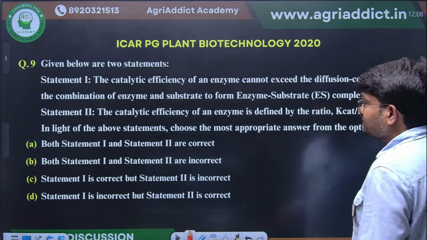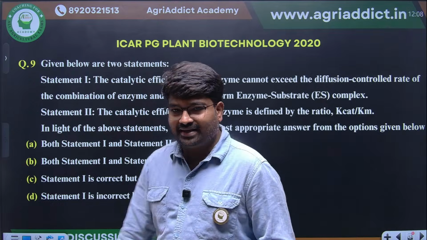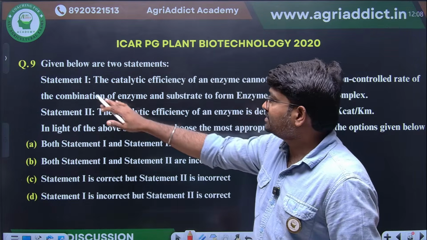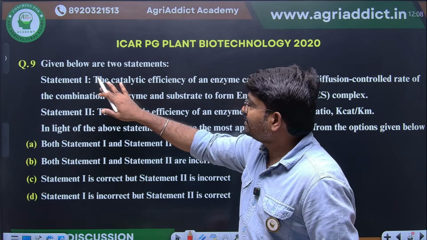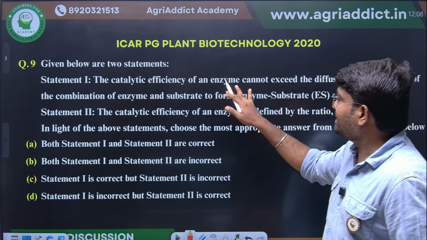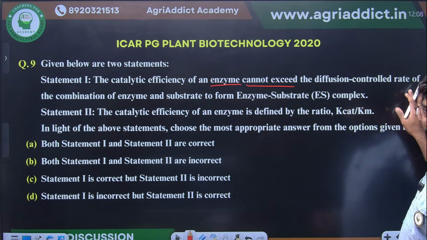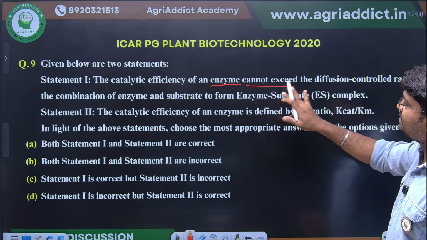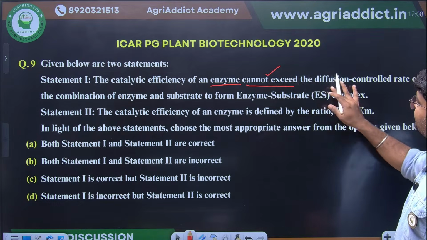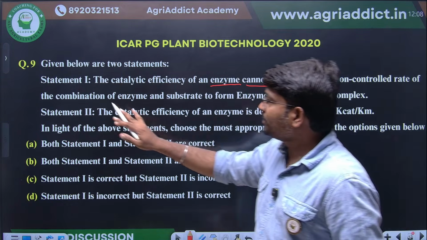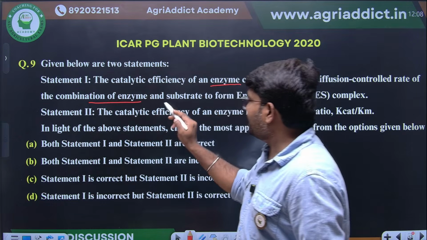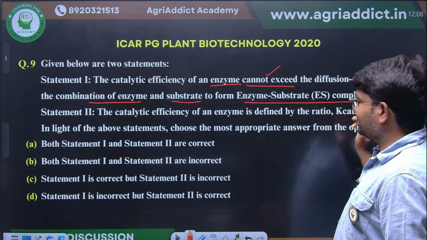Okay, students. Next, another important question from enzymology, a statement question they have asked. The catalytic efficiency of an enzyme cannot exceed the diffusion control rate of combination of enzyme and substrate to form the enzyme substrate complex.